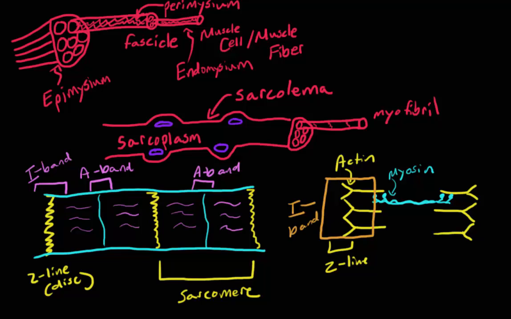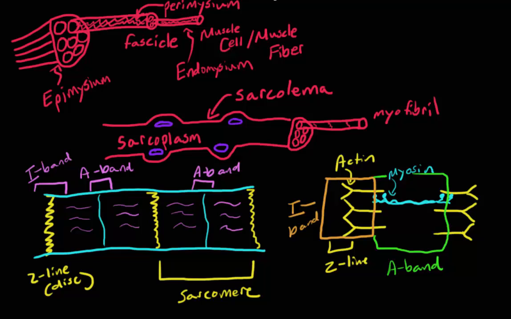In the area where we see both actin and myosin present, this is what we're going to call our A band.